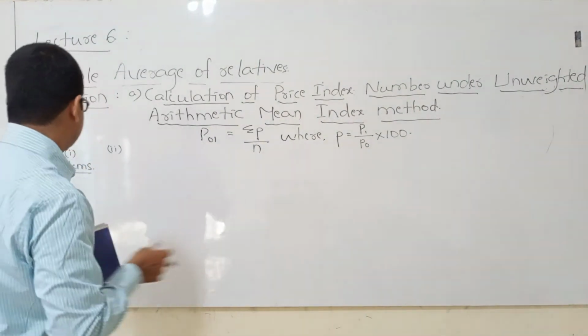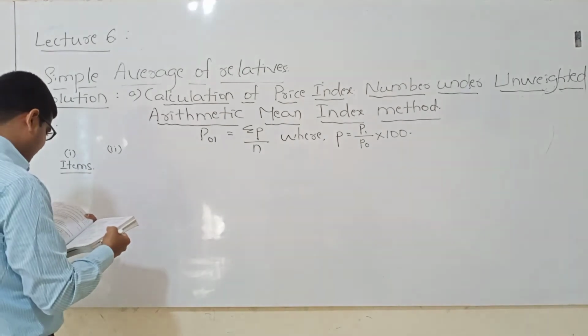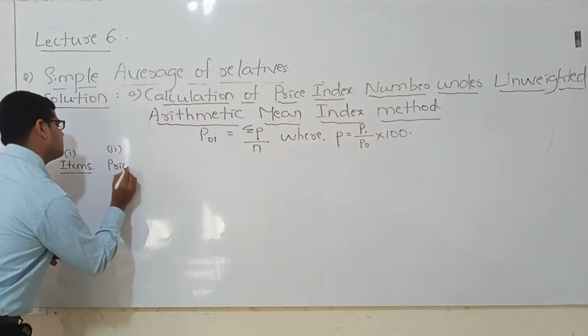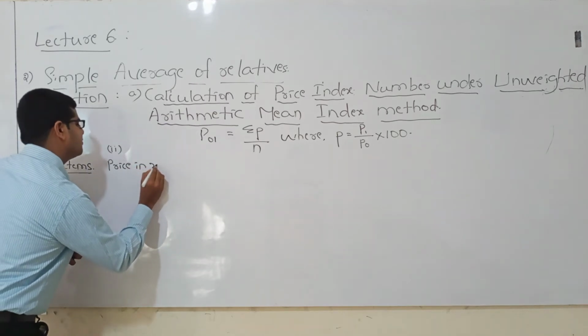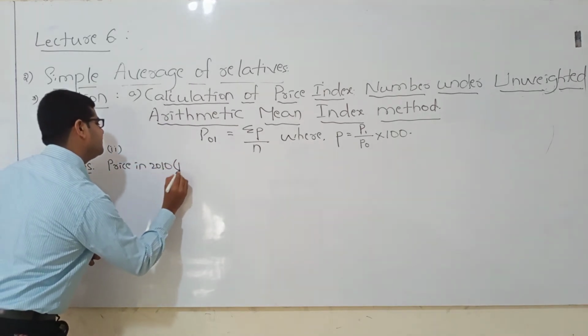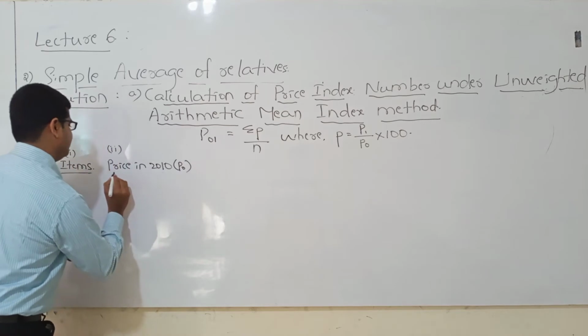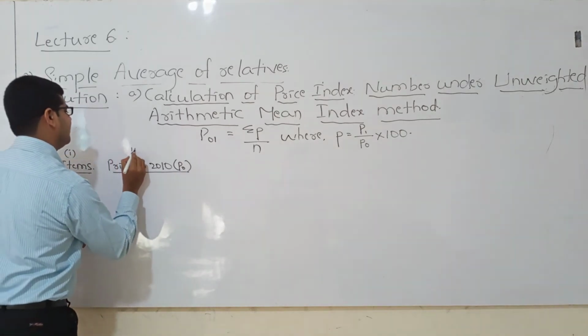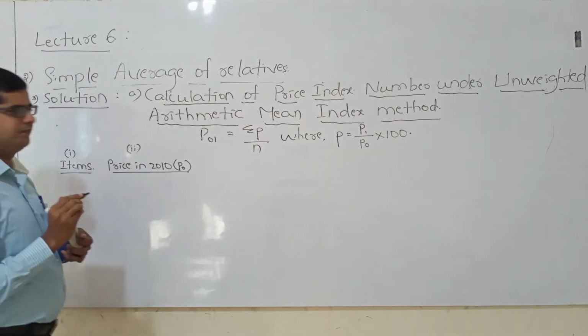Items are given in the question. Column number 2, I take price in 2010, and we know that this is the base year, P0.